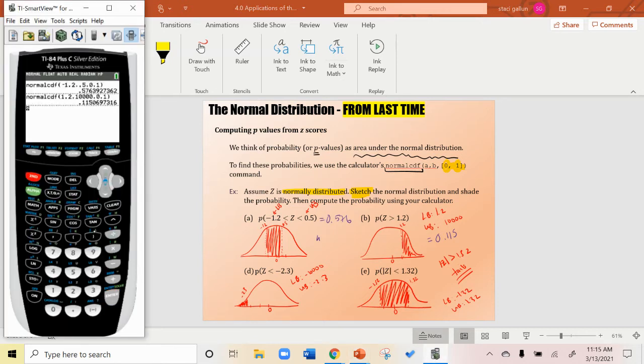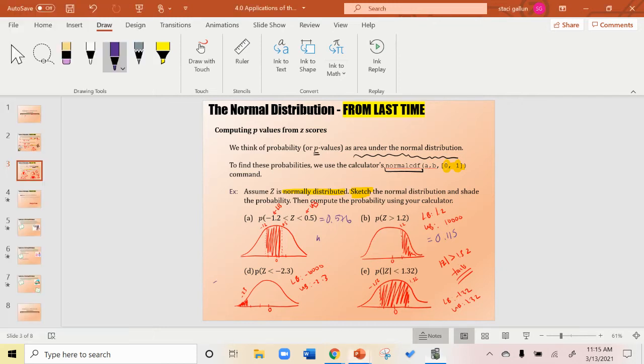Second distribution, I'm on to the third one. It's less than, so negative 10,000 here to negative 2.3. This should be a very small amount. Right? This should be a really small probability. Yep, 0.012.